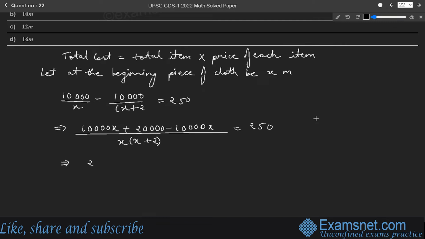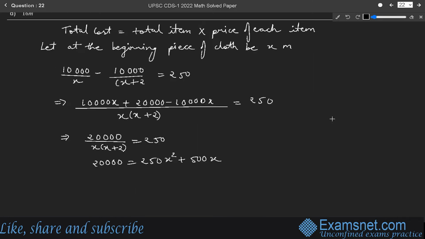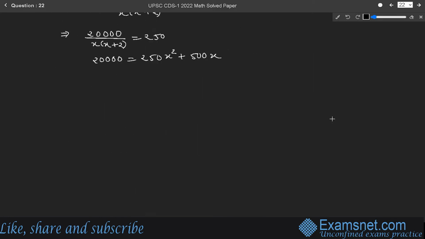Further solving, it will be 20,000 upon x into x plus 2 is equal to 250. So 20,000 is equal to 250 x square plus 500 x. When multiplying 250 with x into x plus 2, we get 250 x square plus 500 x.